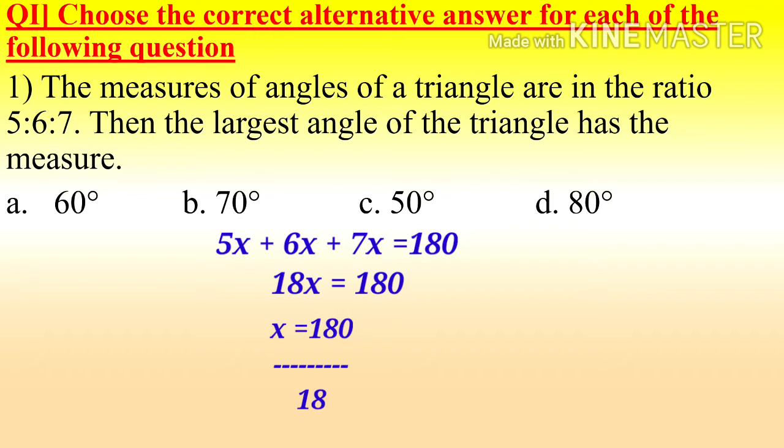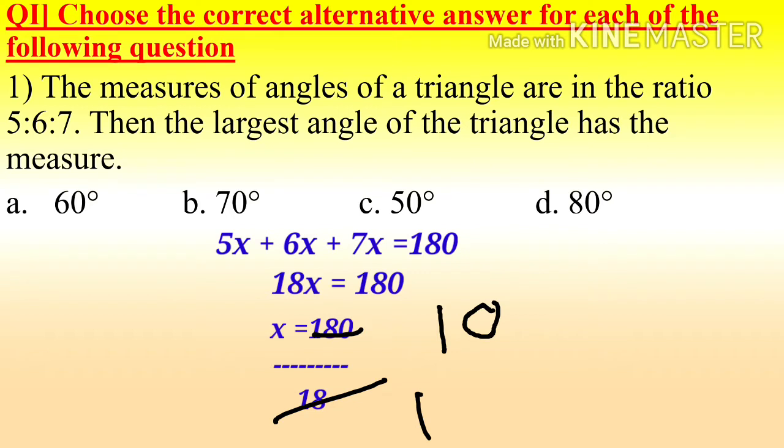As we know, the sum of all the angles of a triangle is 180 degree. Now student, addition of this measure, 5x plus 6x plus 7x equal to 180 degree. Here we get 18x equal to 180 degree. Therefore, x equal to 180 degree divided by 18.